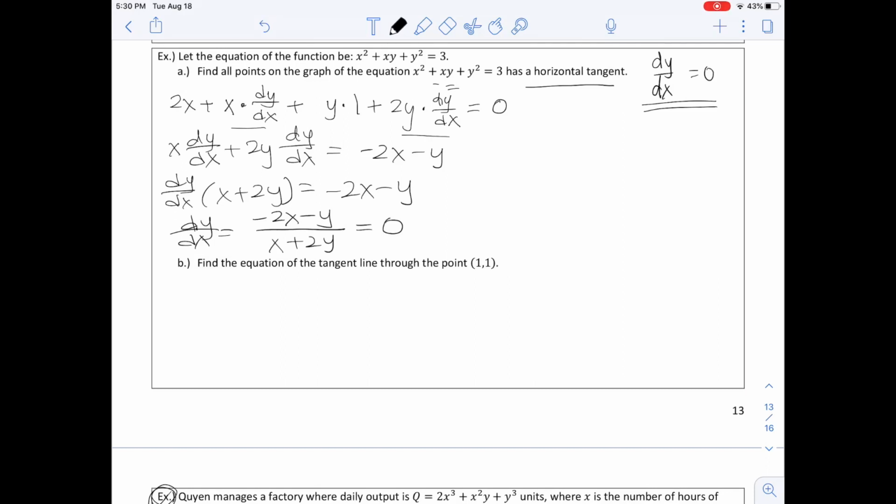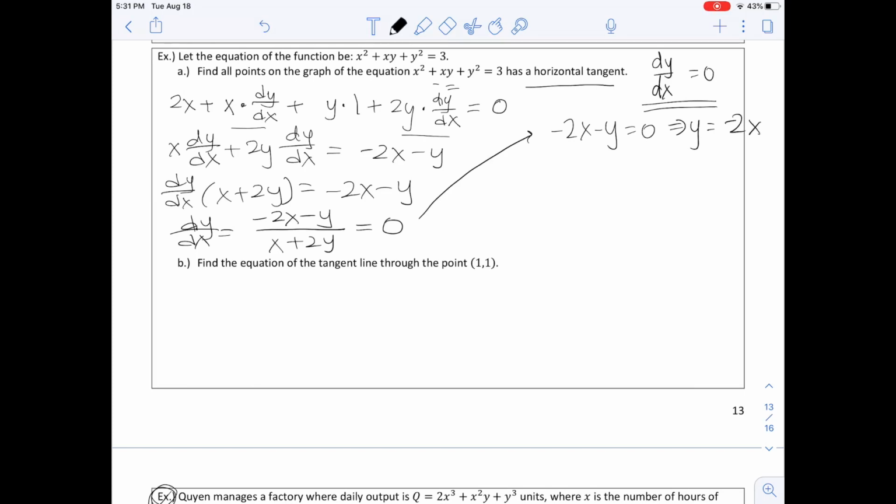And so we have, setting this equal to 0, multiplying the denominator to both sides, negative 2x minus y is equal to 0, or we would have that y is equal to negative 2x.